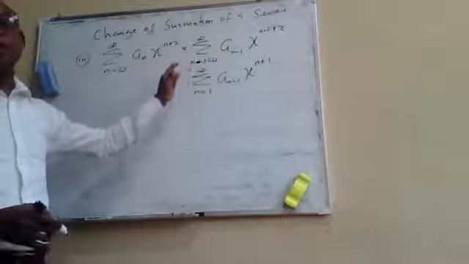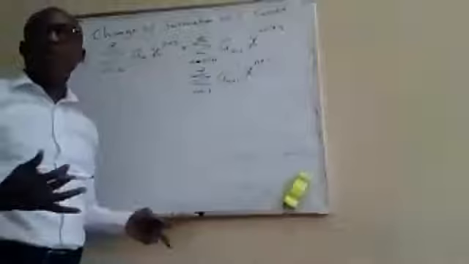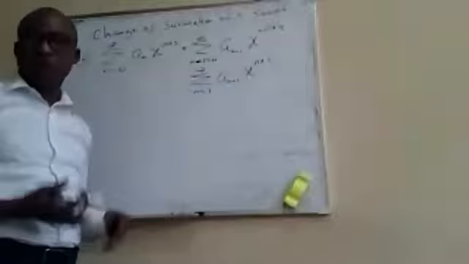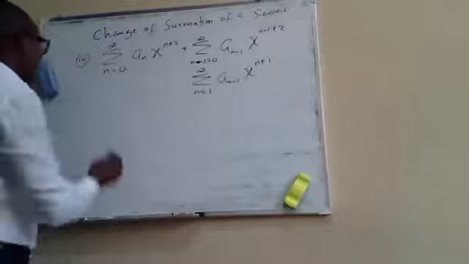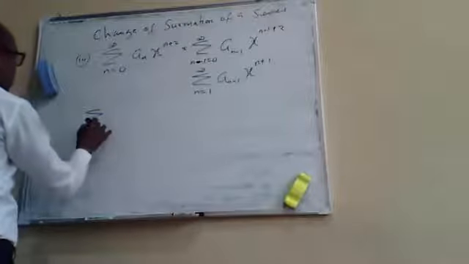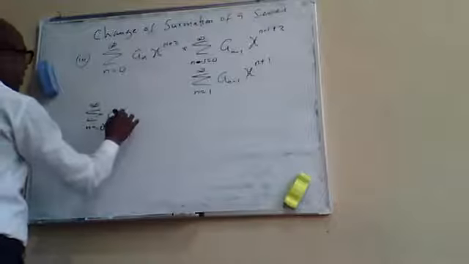So that's how to change the summation. Then you can even say, from 0 I want to move it to 3. All you need to do is, anywhere you see n, replace it with n minus 3. Let's say we are given the summation n equals 0 to infinity, a_n x^(n+2), and I want to change this to start from n equals 3 instead of n equals 0.